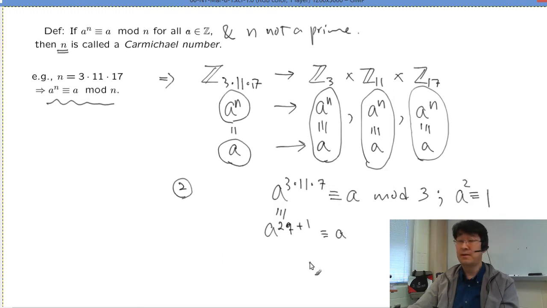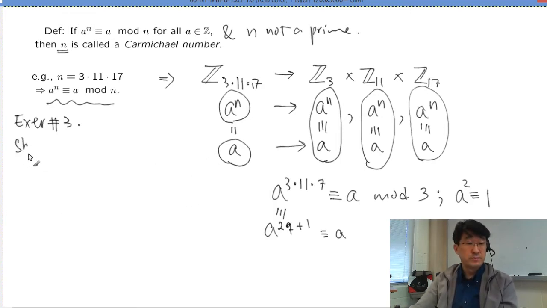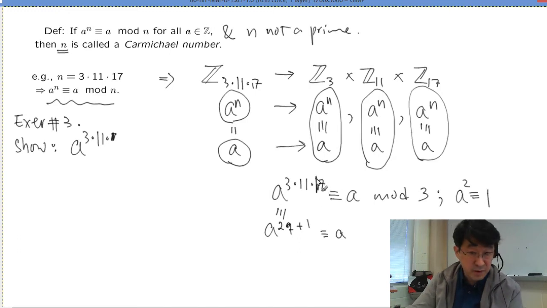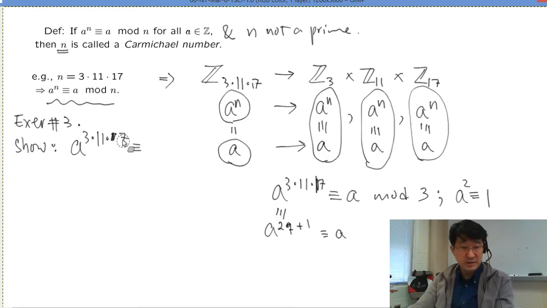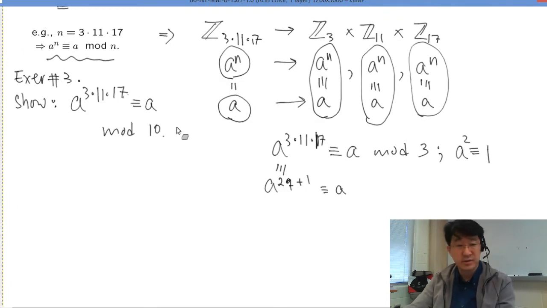Okay, let's try 11. That's your last exercise. Show that a to the 3 times 11 times 17 is congruent to a mod 11.